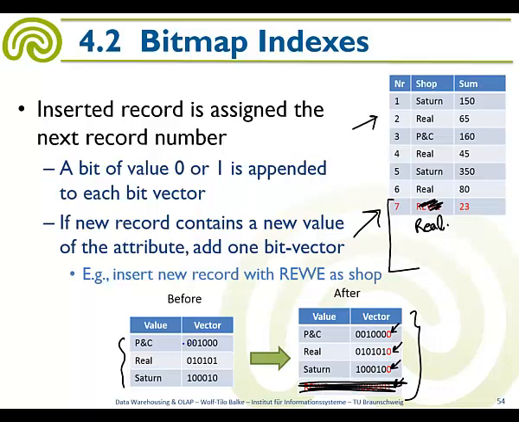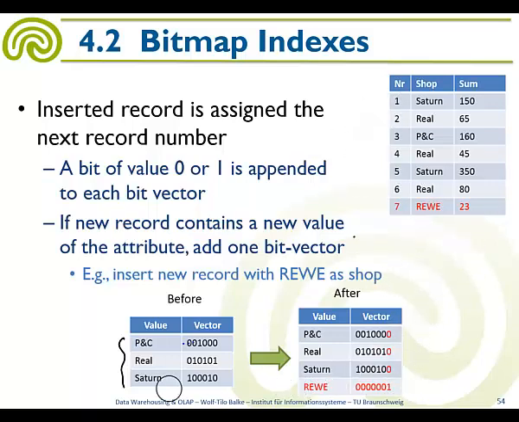So in Real here, we now add a 1 at the end, which means there was a sale from Real. For Peek and Kloppenberg, this sale was not from their side, neither was it from Saturn. So you always have to add a bit at the end, because this basically represents the sale, so the cardinality has to be the same.